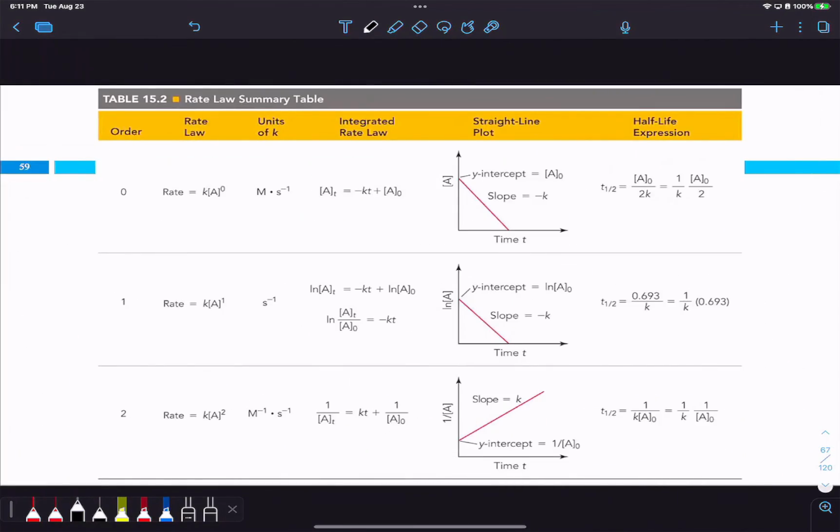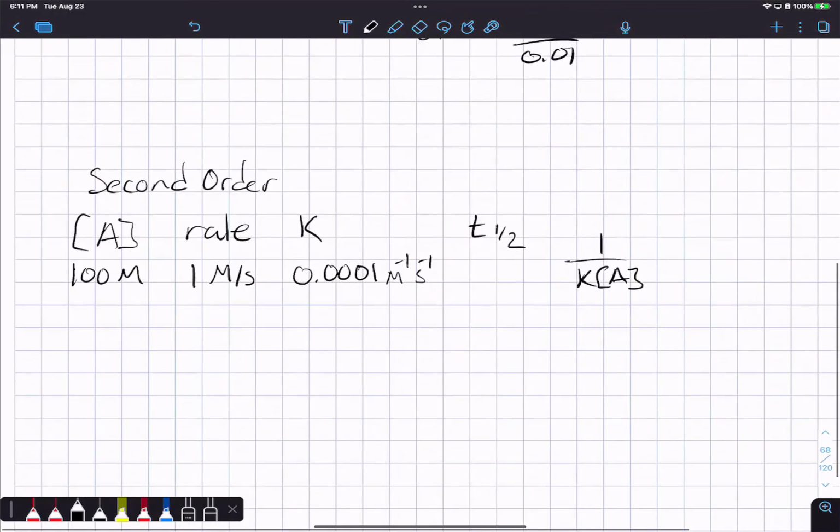Is that it? There's nothing else? Yeah. So 1 divided by K times A, 0.0001 times 100. Our half-life is going to be 100 seconds.